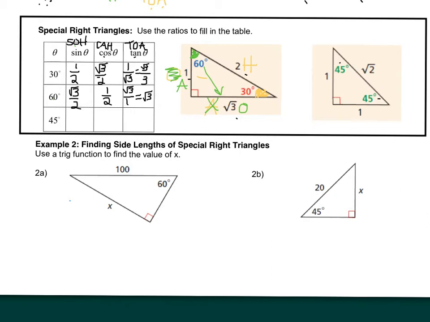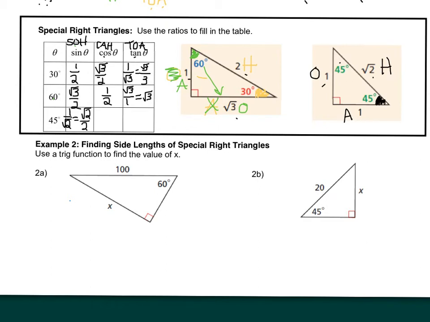Last, we have the 45, 45, 90 triangle. When we look over here, it doesn't really matter which 45 we use, so let's just label H, O, and A. All right, so sine, we need O and H. So that will be 1 over the square root of 2. When we simplify that, we get the square root of 2 over 2.